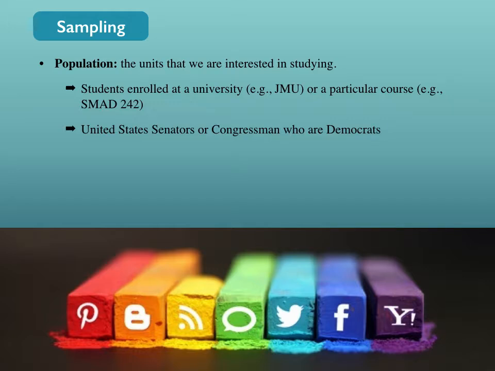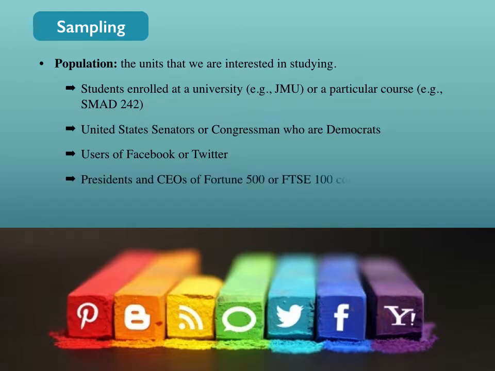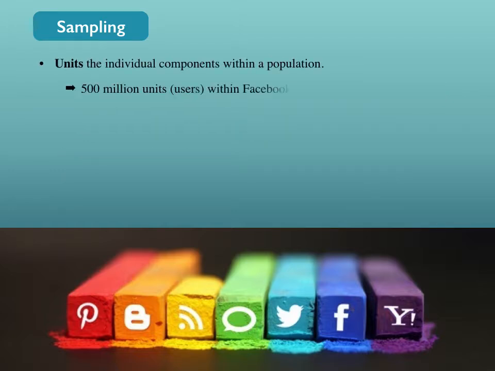Say you wanted to study United States senators or congressmen. How about Facebook users or Twitter users? Imagine how many there are. Presidents and CEOs of Fortune 500 companies. So these are examples of populations that you might be interested in studying.